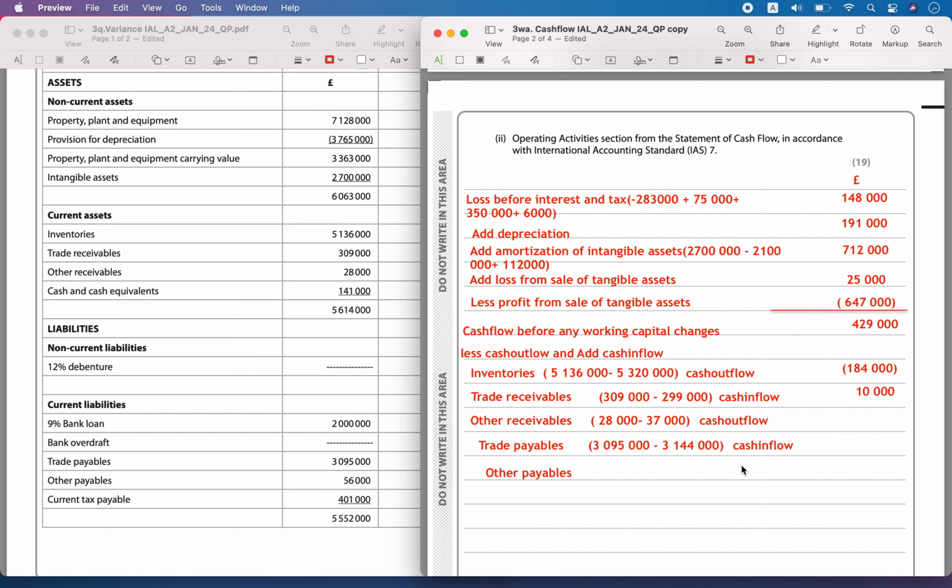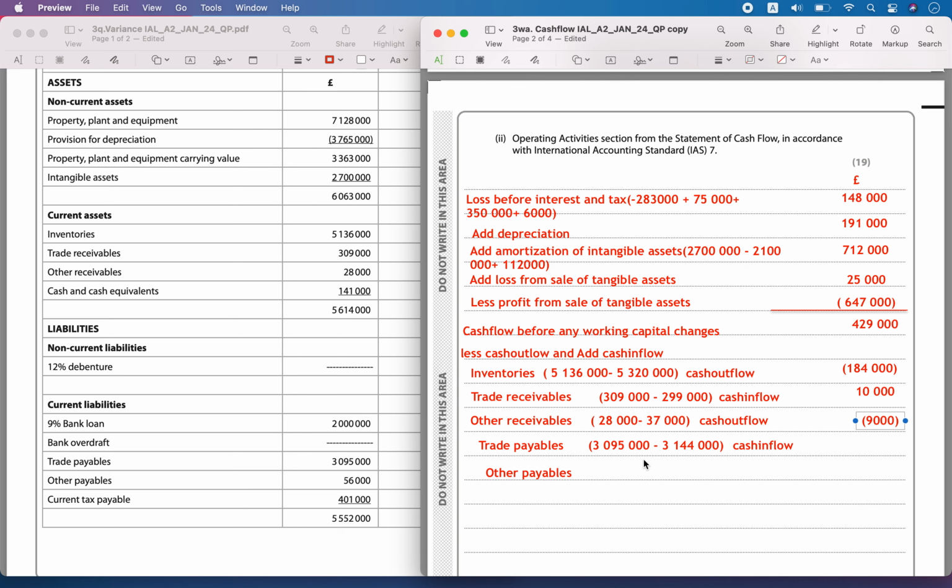The difference is around 49,000. First, other receivables: the difference is around 9,000. So 28,000 minus 37,000, 9,000 was a cash outflow due to the other receivables.